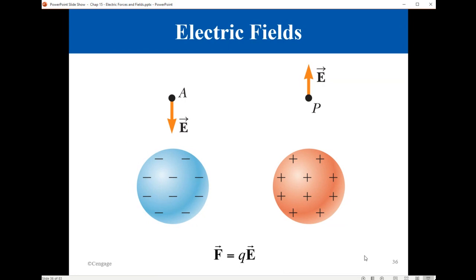So from the definition of the electric field, F divided by Q, we get the force on any charge now.